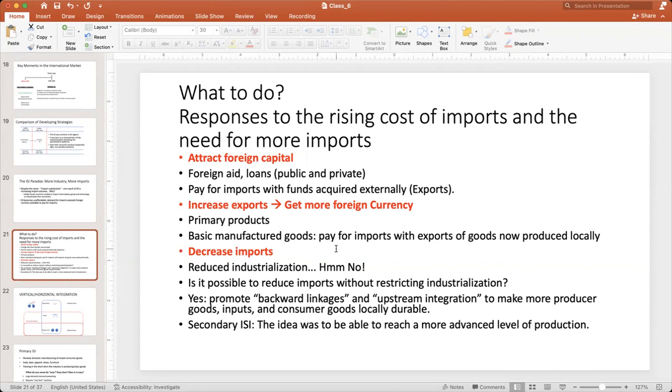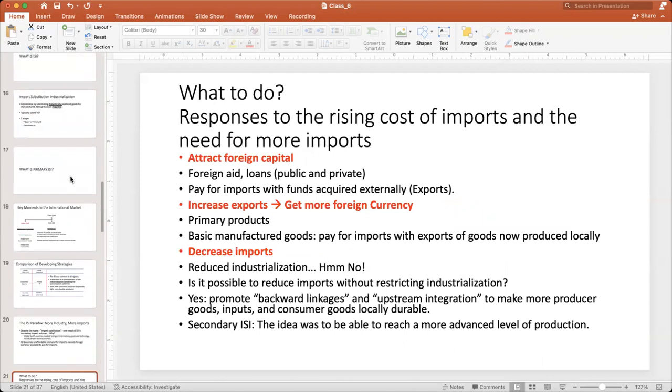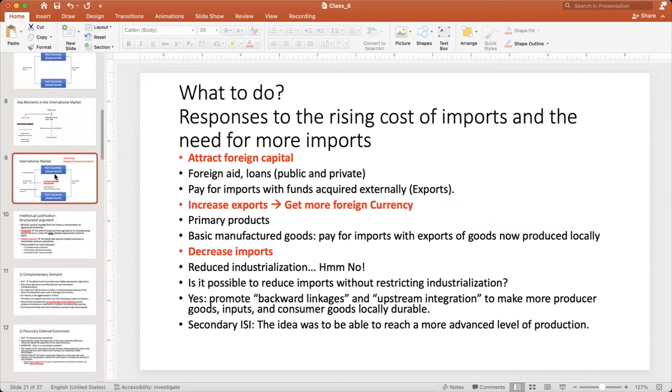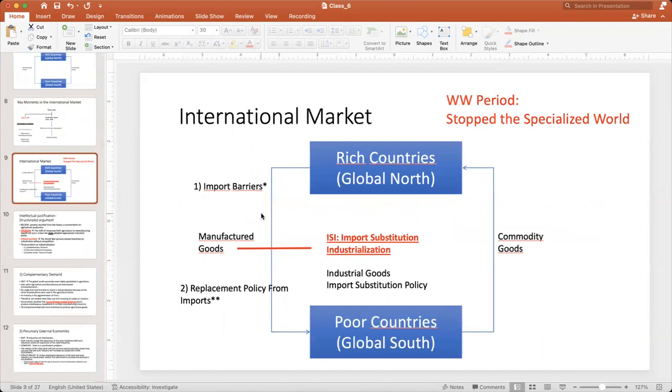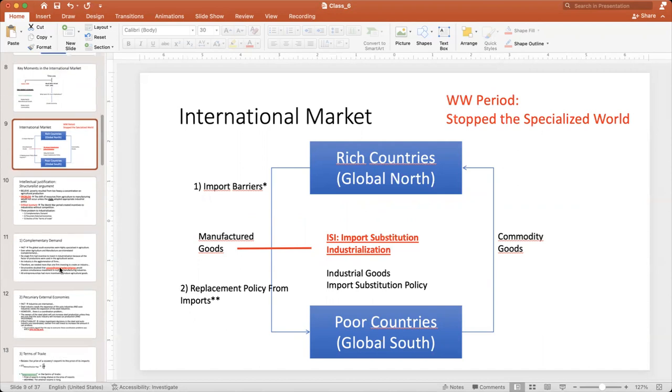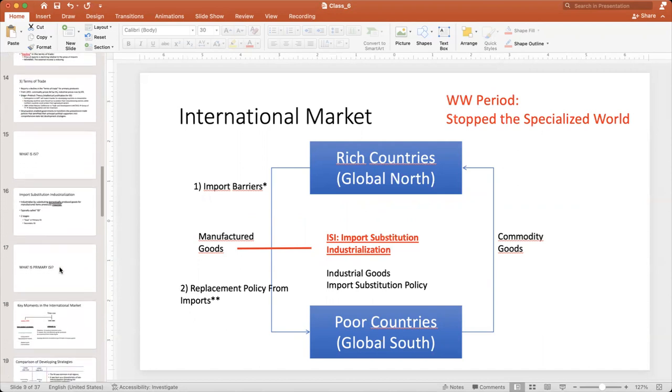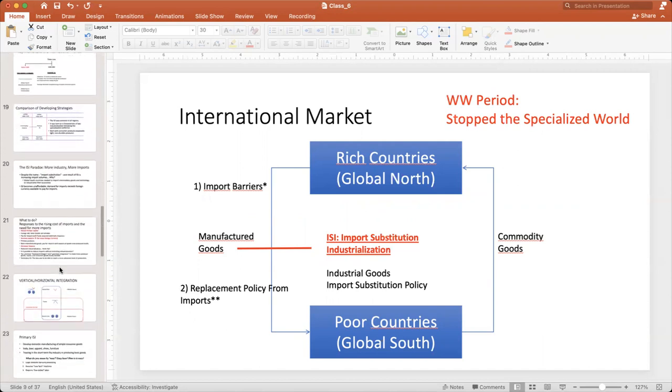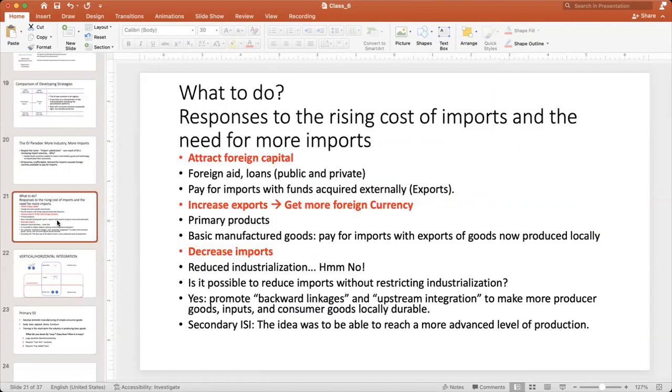You have to buy foreign currency first and then buy the products that you want to import. And the problem was that if you are closing the international flows of imports and exports, you are also closing the flows of foreign currency that could support the economic transactions. So what to do?